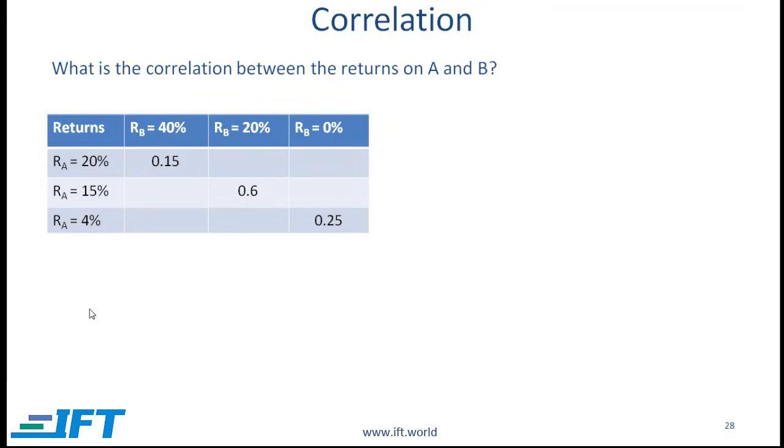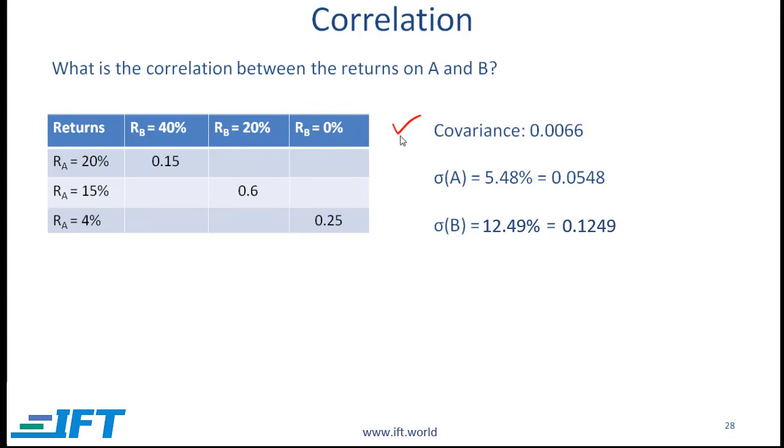Just to understand how to calculate correlation, let us take the same data which we saw a couple of slides ago, and let's compute the correlation. You have already calculated the covariance, and let us say that you now also calculate the standard deviation of A and standard deviation of B. In the previous lecture on this reading, we talked about how to calculate the standard deviation of variables such as this.